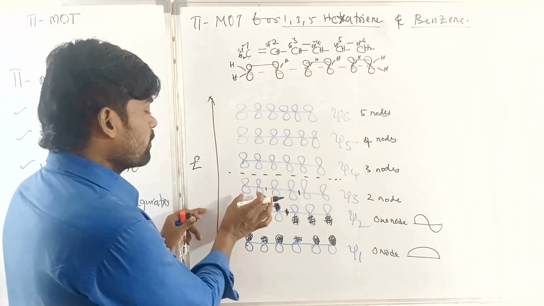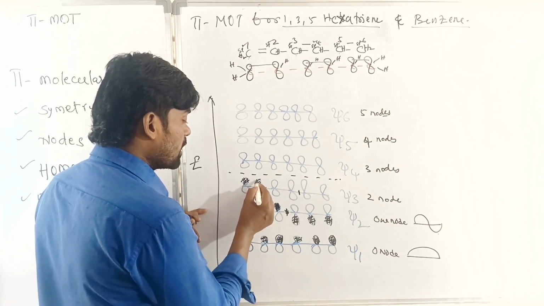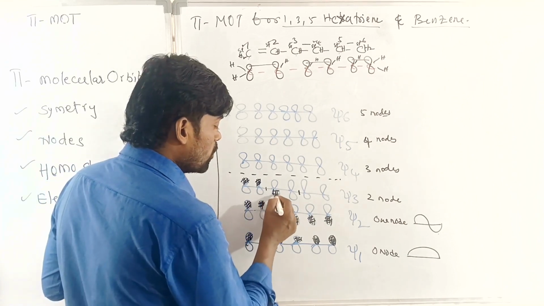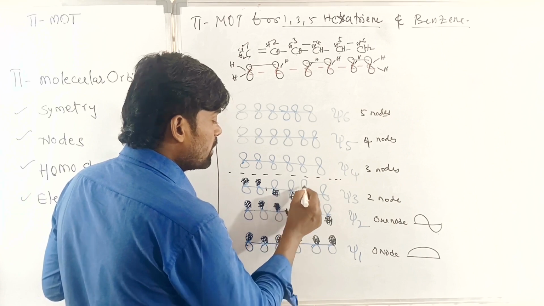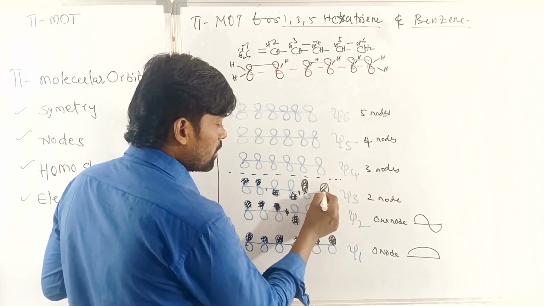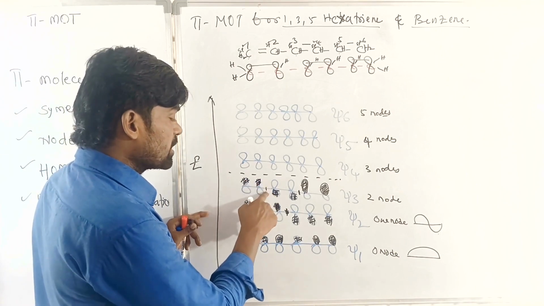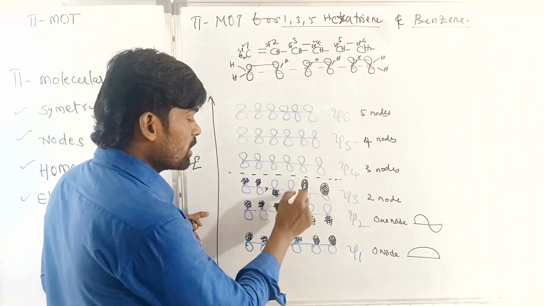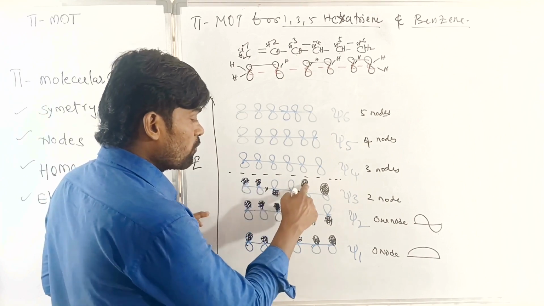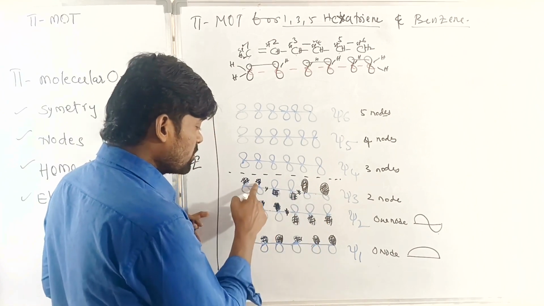I give the shading upside for these 2 orbitals, then downside for the middle 2, and then upside for the last 2.